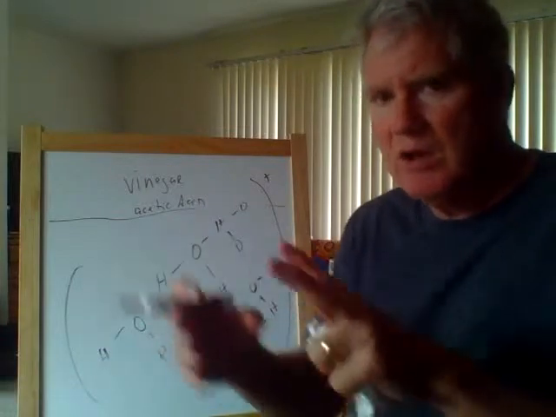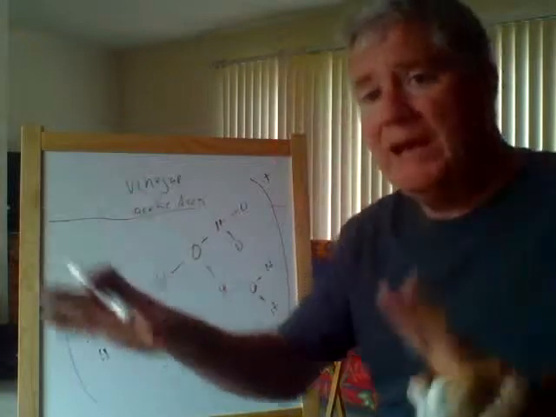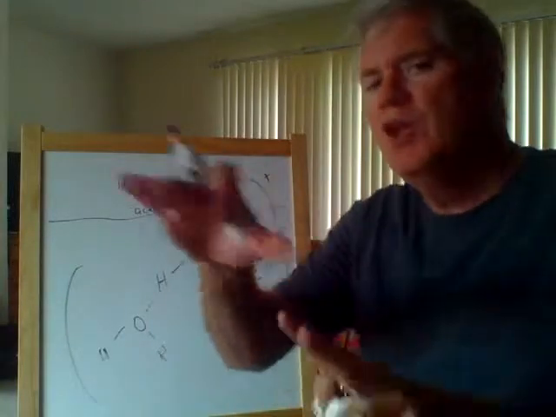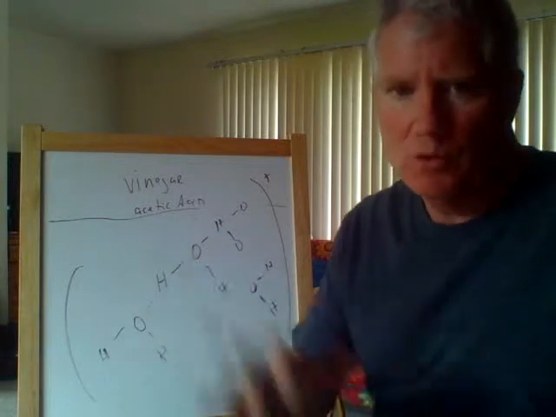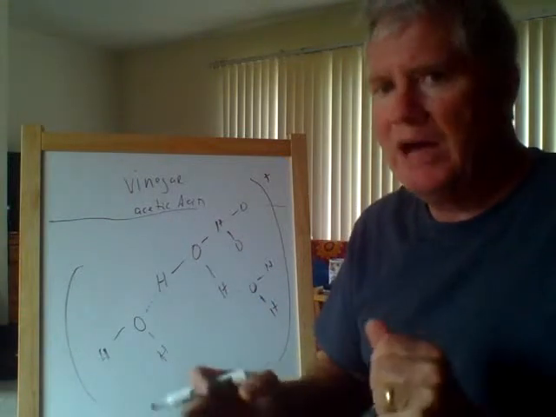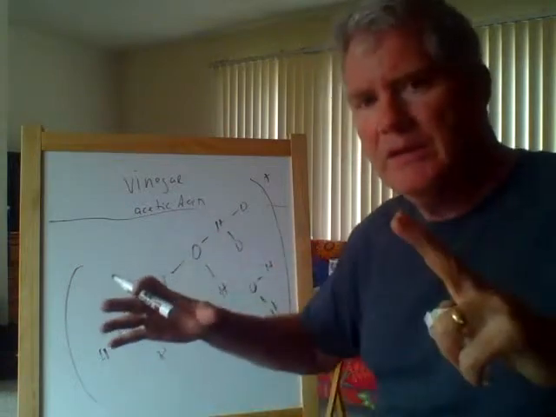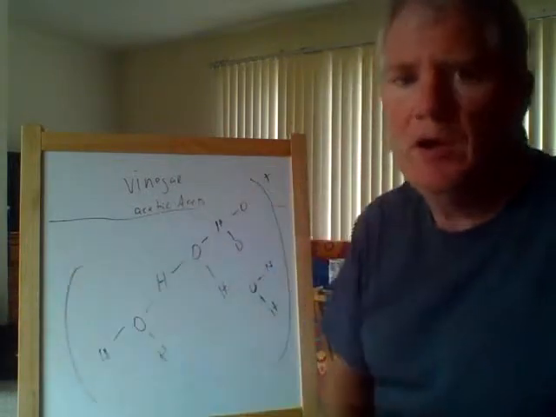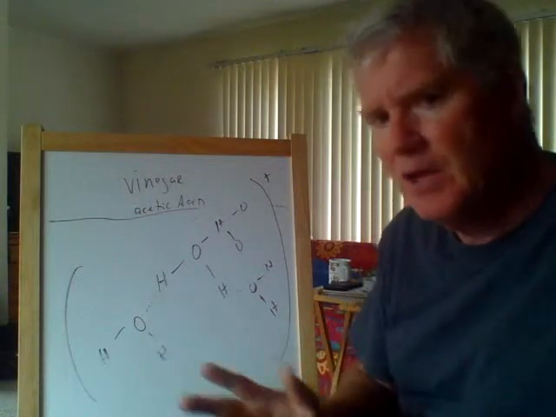That proton is surrounded by waters, and it's surrounded in a way to spread out the charge across a number of different water molecules. That in turn makes it more stable. And this is why water is such an effective solvent anyway, because it has this ability to share charges amongst other charged objects. Okay, that's all I want to say about that one.